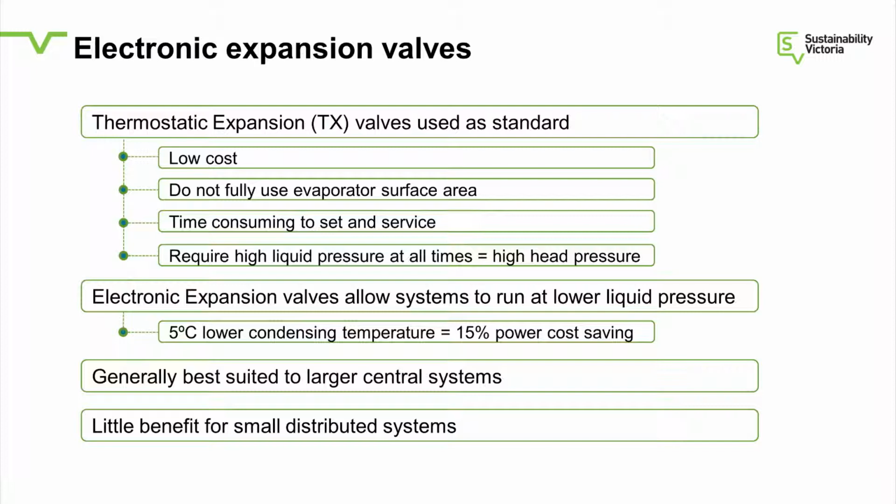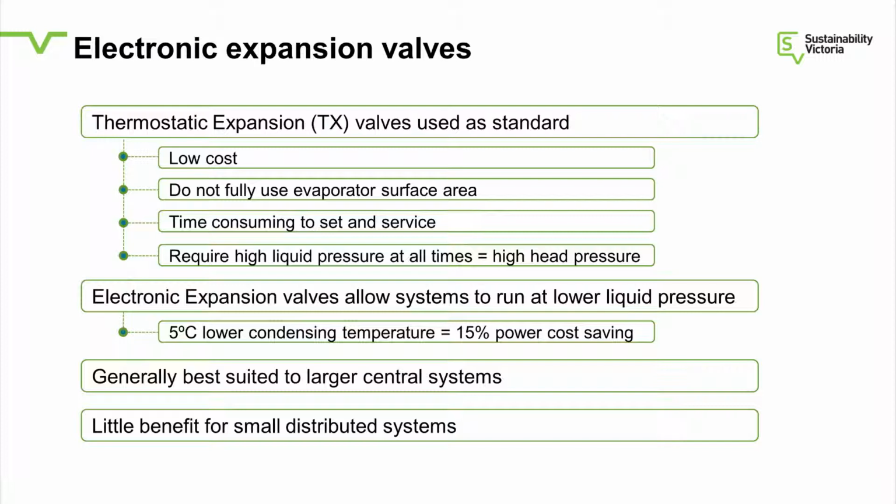Remember, the pressure that the liquid condenses at is the pressure that pushes the liquid through the expansion valve. If you go back to that first diagram, if the pressure goes lower, you're trying to do that to save energy, you get less refrigerant through the valve because you've got less pressure. Electronic expansion valve avoids that.